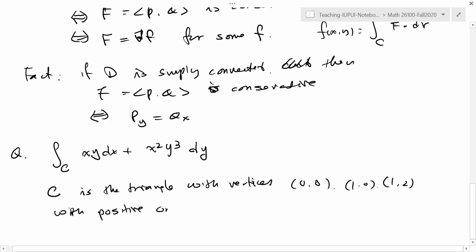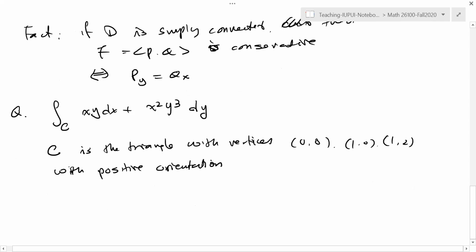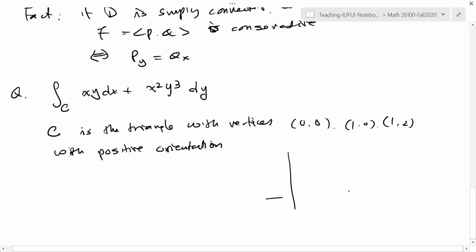Positive orientation means counterclockwise orientation. So this is a triangle, and here's (1,2), and (1,0), and (0,0).